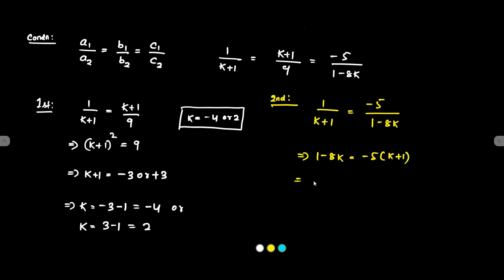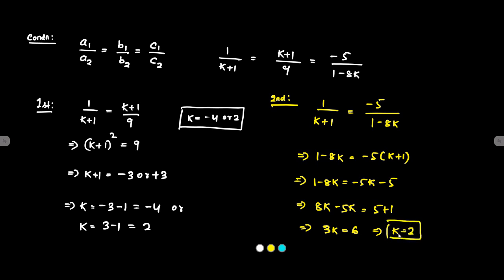That implies 1 minus 8k is equal to minus 5k minus 5. That implies 8k minus 5k is equal to, taking 8k to this side and minus 5 to the other side, 5 plus 1. That implies 3k is equal to 6, or k is equal to 2.